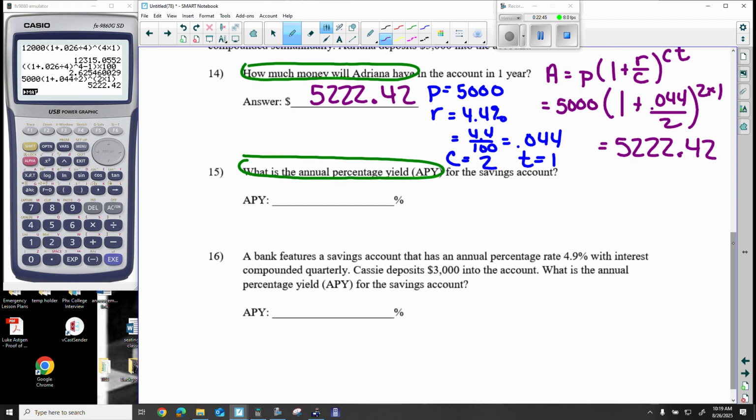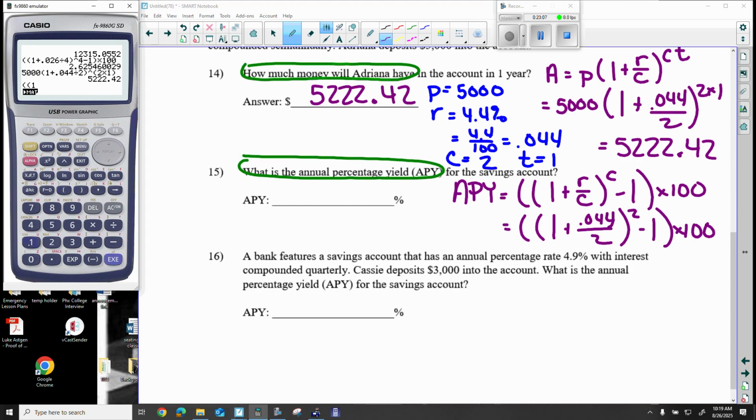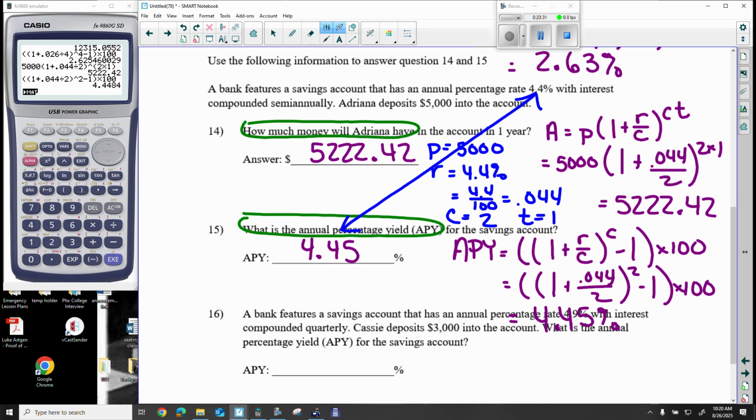And the next one is, what is the APY? Again, just kind of generally notice how the APY is real close to the actual original percentage that we have.